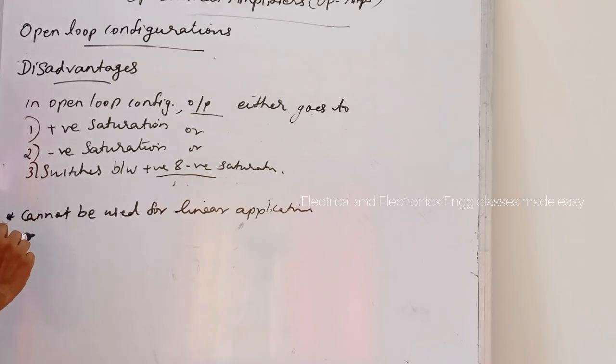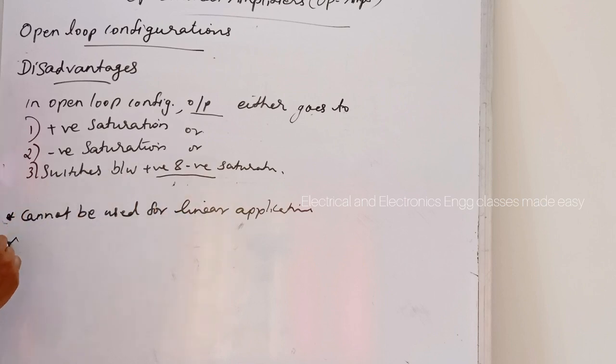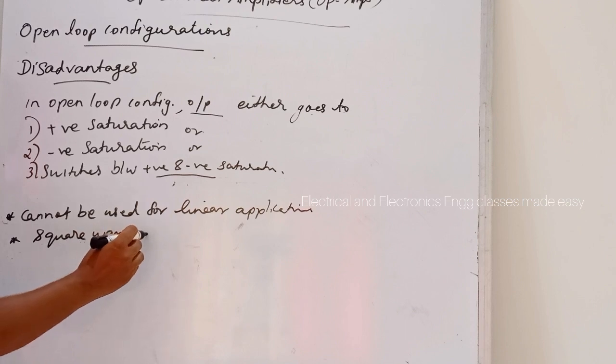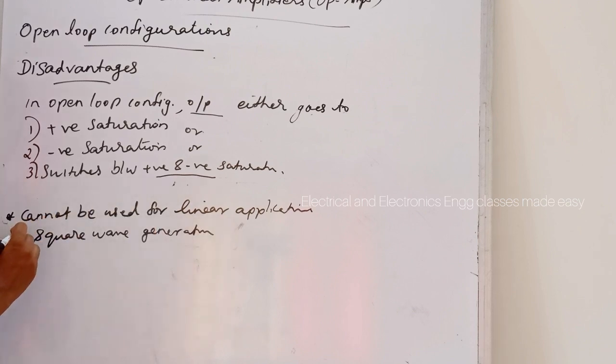The open loop configuration of op-amp cannot be used for linear applications, but it can be used for non-linear applications like square wave generation. So these are the disadvantages of open loop configuration.